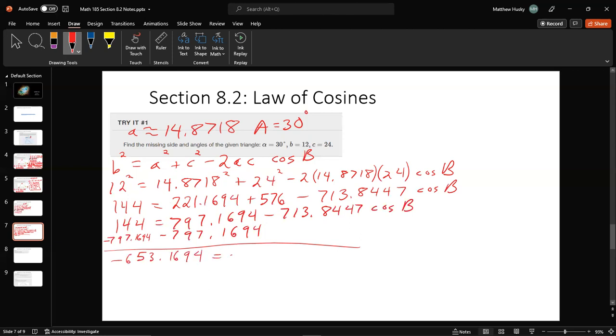That's going to equal negative 713.8447 cosine of B, and divide by negative 713.8447.